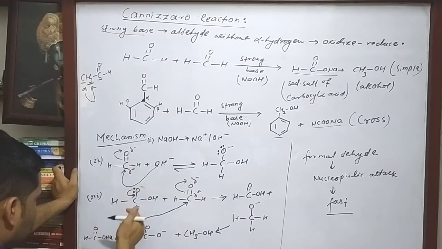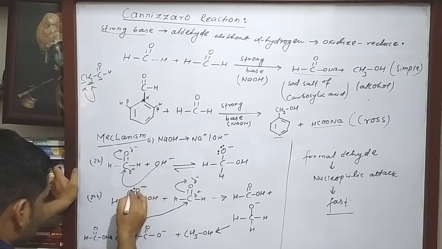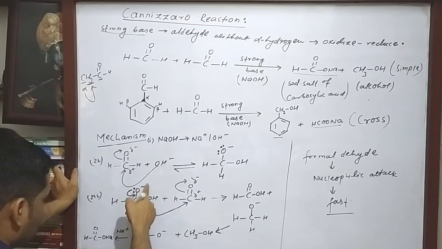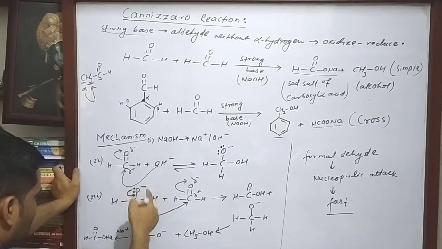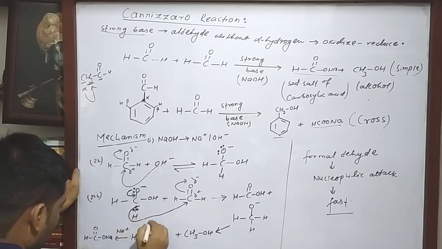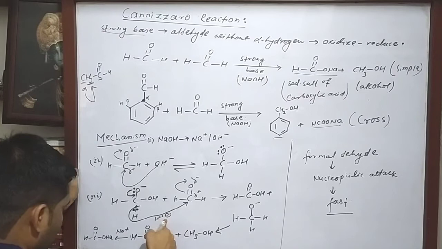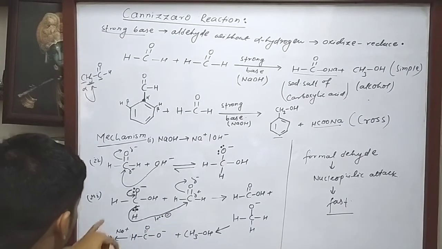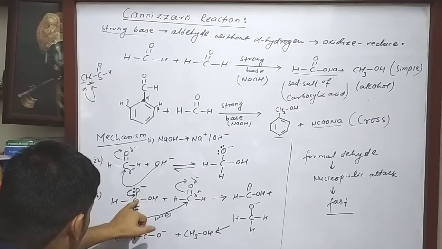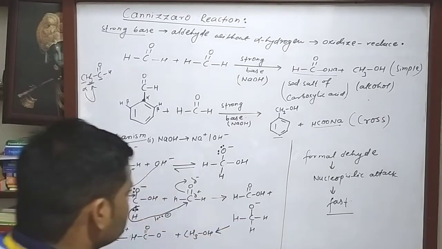Second step, the lone pair electron from this negative charge oxygen shifts in between carbon and oxygen to form a double bond, then this negative charge is neutralized, and at the same time this hydrogen is removed along with its electron pair, H minus, this is called hydride, and with formation of the double bond between carbon and oxygen, HCOOH carboxylic acid is obtained.